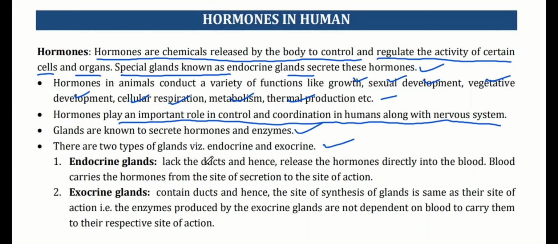Endocrine glands lack ducts and hence release the hormones directly into the blood, and blood carries the hormones from the site of secretion to the site of action. Exocrine glands contain ducts, and hence the site of synthesis of glands is the same as their site of action.